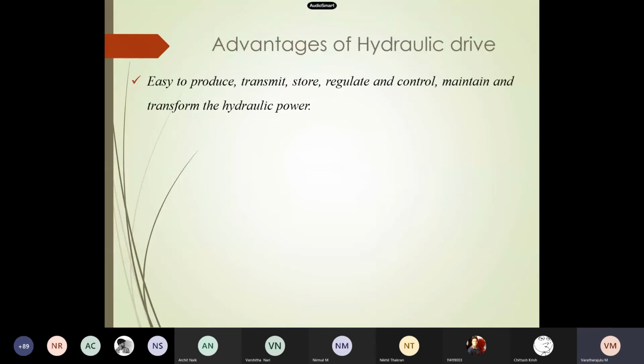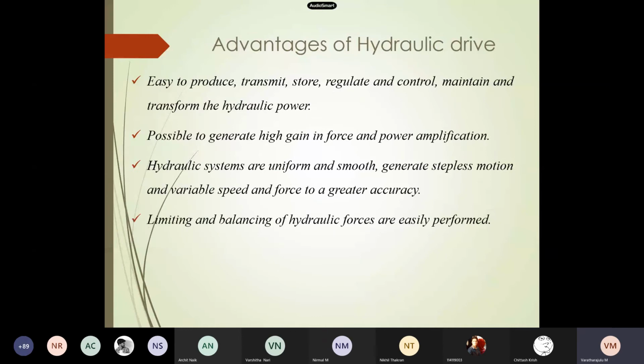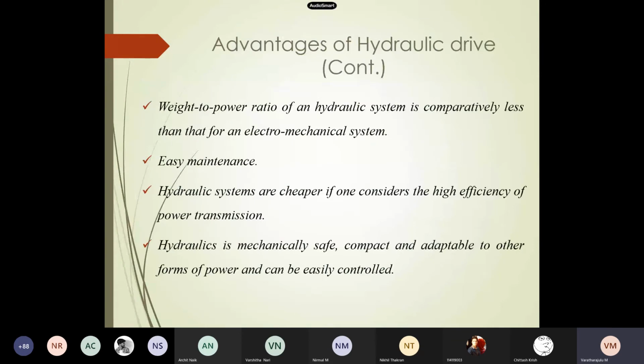And the advantages, as I said: easy to produce, transmit, store, regulate, control, maintain, and transform the hydraulic power; possible to generate high gain in force and power amplification; hydraulic systems are uniform and smooth, generate stepless motion and variable speed and force to greater accuracy; and limiting and balancing of hydraulic force are easily performed. And the weight to power ratio of a hydraulic system is comparatively less than that for an electromechanical system.